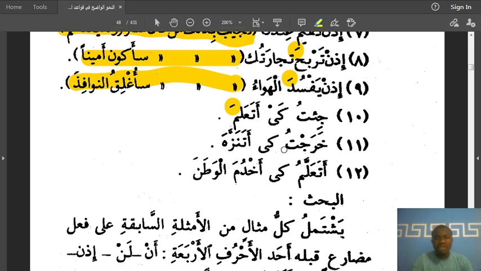Kharajtu, I went out. Kay atanazzaha, so as to catch some cool time. At-tanazzuh is recreation or refreshment or catching some good cool air. That is what we call tanazzuh. So if I say kharajtu kay atanazzah, I went out for some cool air, or I went out for a walk.